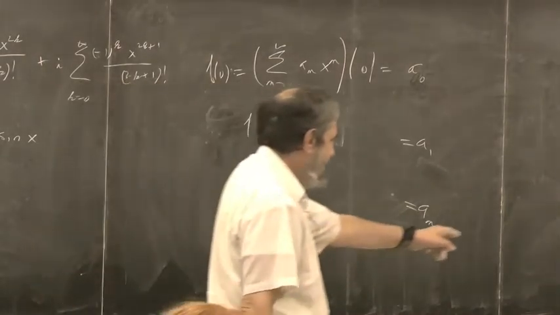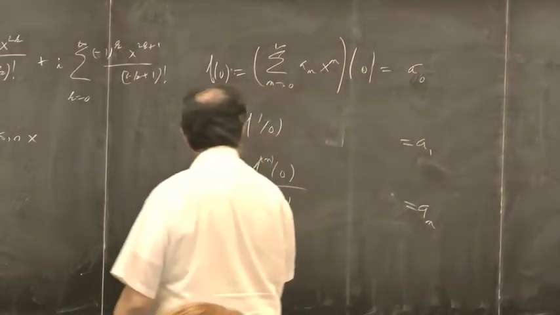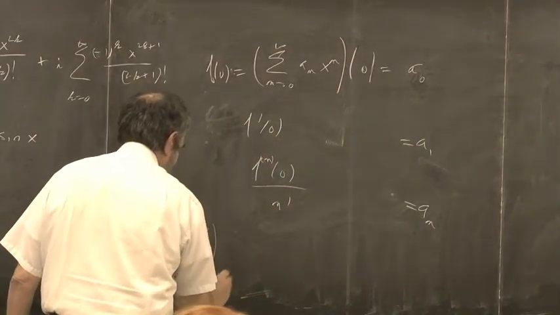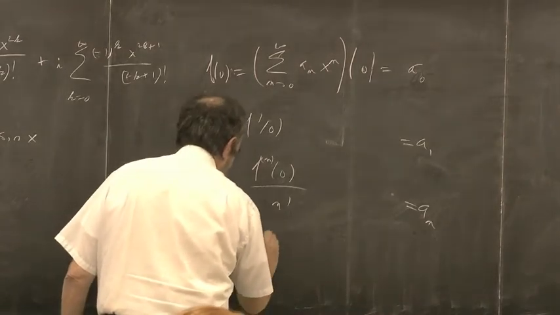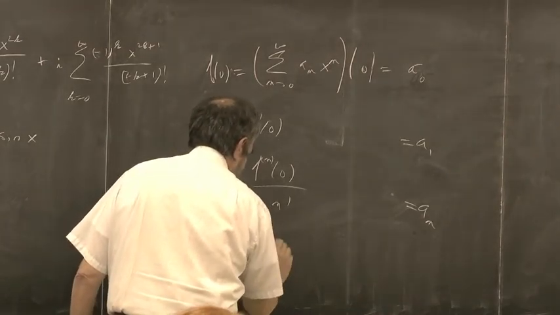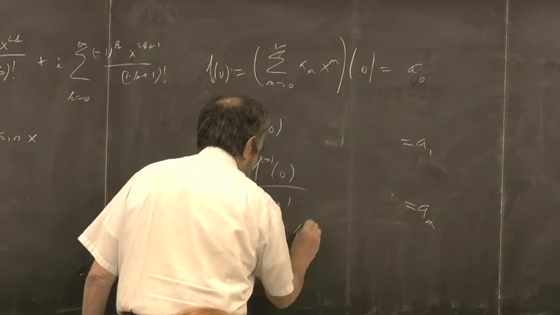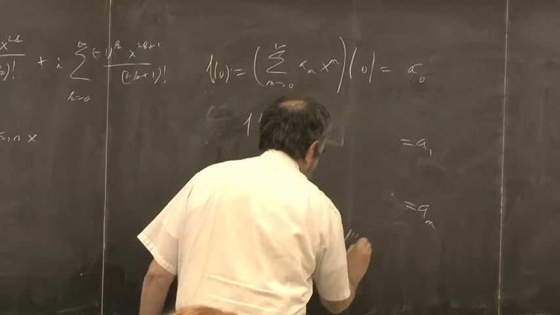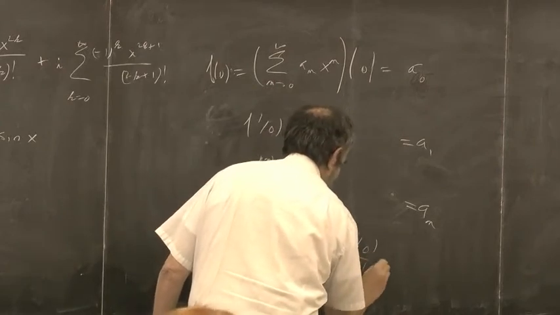So in other words, what this map T is, and now you can tell me what T stands for maybe. T starts with the function, and it gives you the sequence f of 0, f prime of 0 over 1 factorial. All right. Taylor stands for Taylor's theorem.